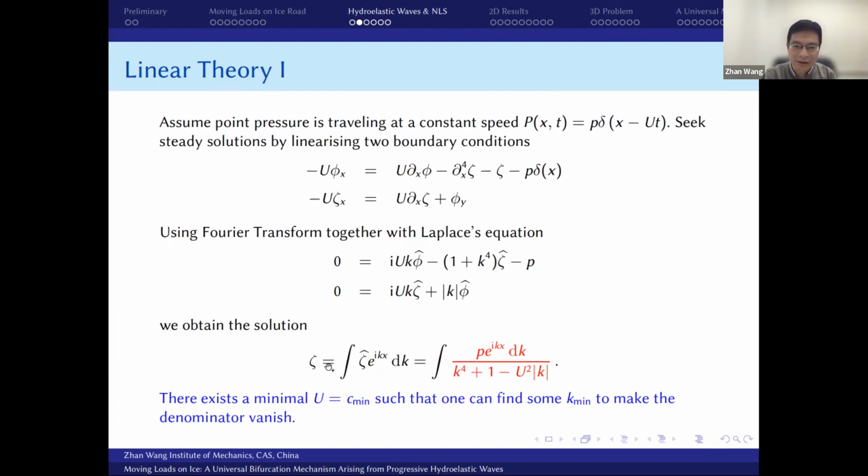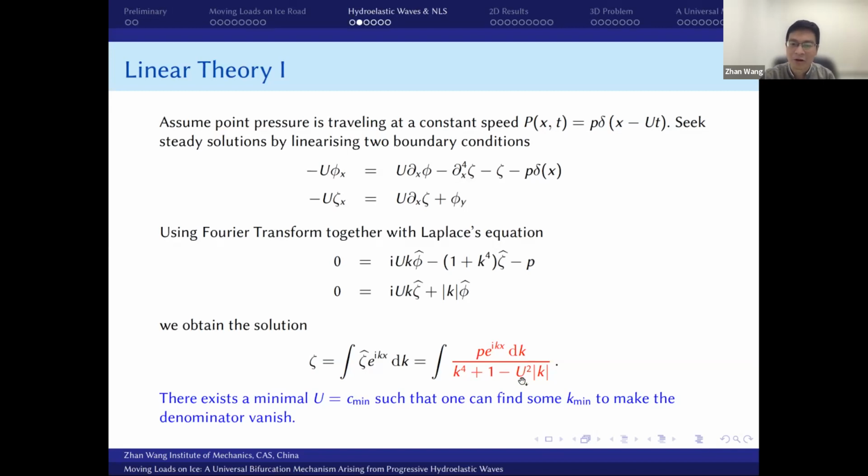The result ends up as an integral, just the inverse of the Fourier transform, which is very similar to moving loads on a train track. If we focus on the denominator, if the speed of the moving load is small, the denominator is always positive, and you can take the inverse of the Fourier transform.